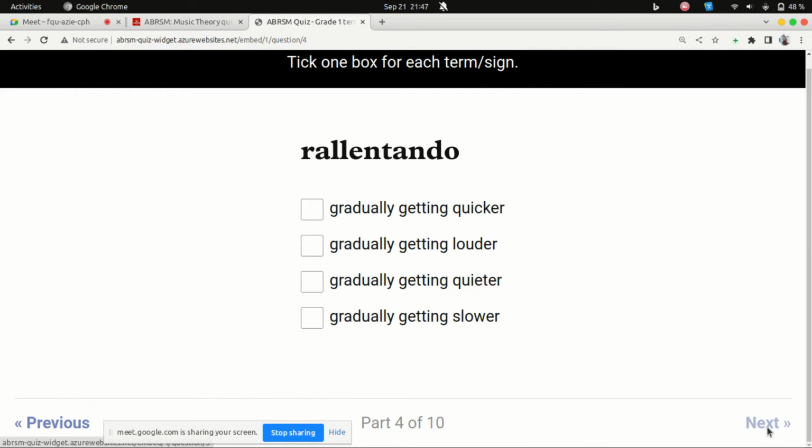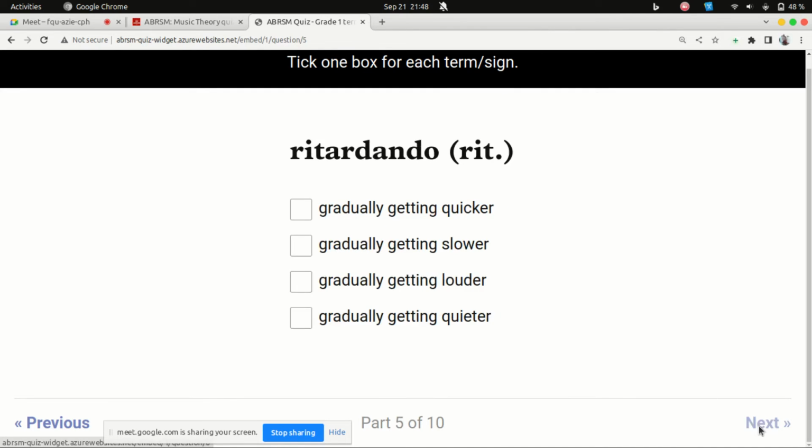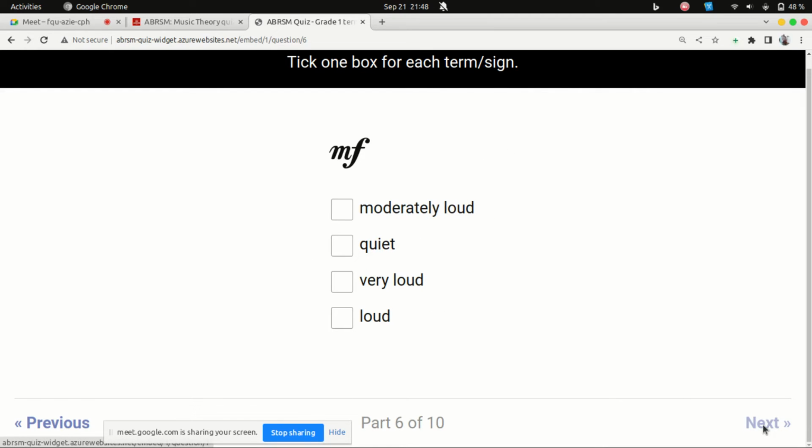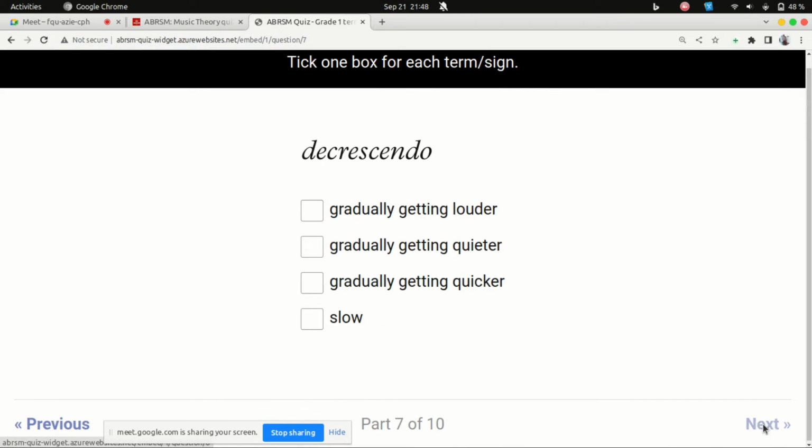Rallentando. Gradually getting slower. Ritardando. Gradually getting slower. MF. Moderately loud. Decrescendo.